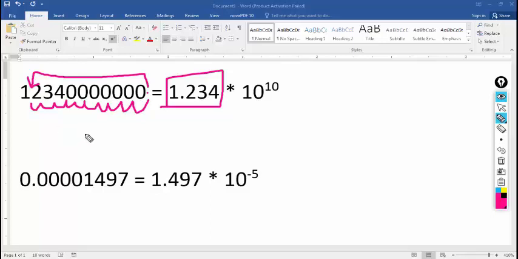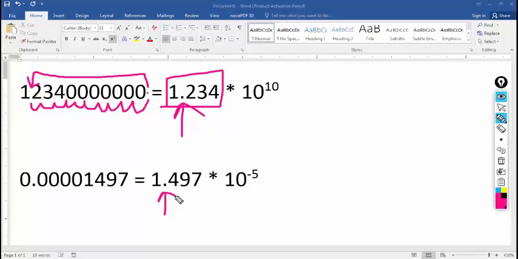And why did we choose this location? Why should the decimal point come here? It is because in the scientific notation of numbers, there must be only one digit present to the left of the decimal point. In the second example also you can see I've just got one digit to the left of the decimal point.